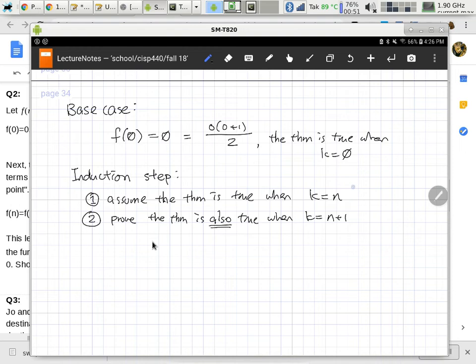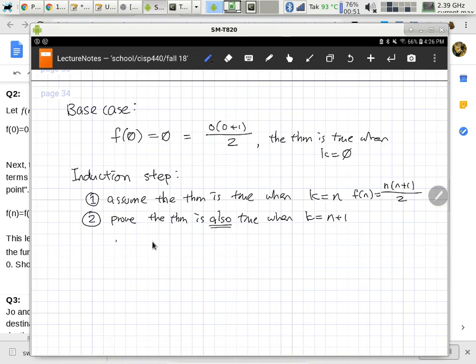The assumption is saying f of n is n times n plus 1 divided by 2. But only for that n, okay? Only for that n, this equality is established. Now we have to show that f of n plus 1 is n plus 1 times n plus 2 divided by 2. That is what we need to show.